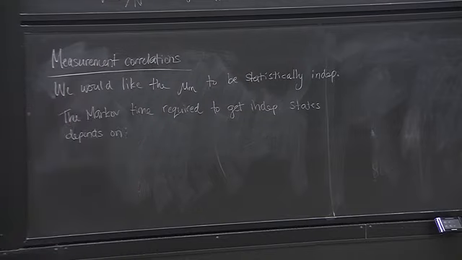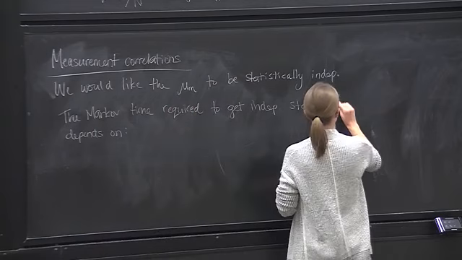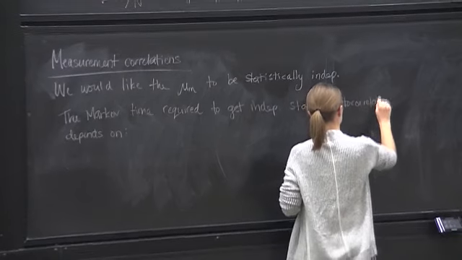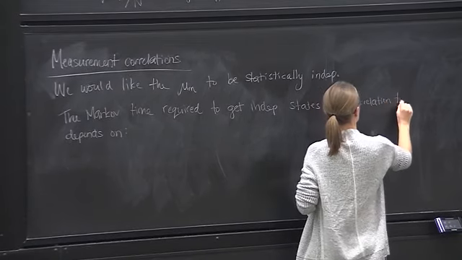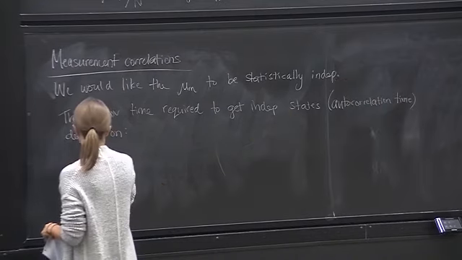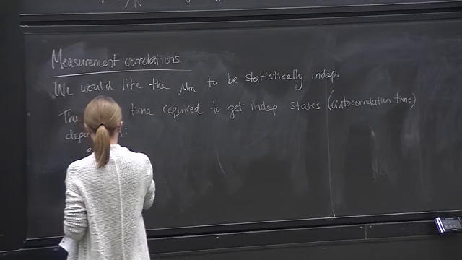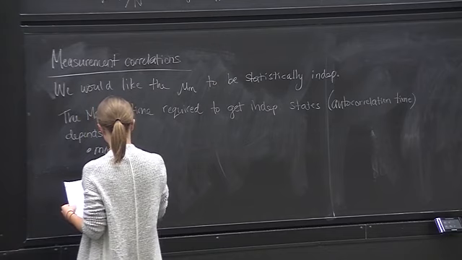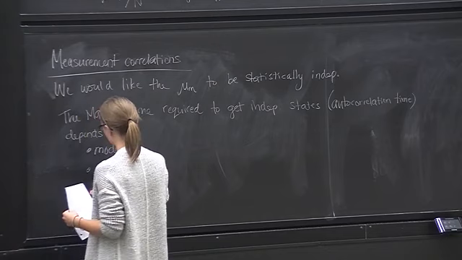The time that you would need to get independent states is called the autocorrelation time. It depends on many things: the details of your model, the algorithm that you're using, and the temperature.